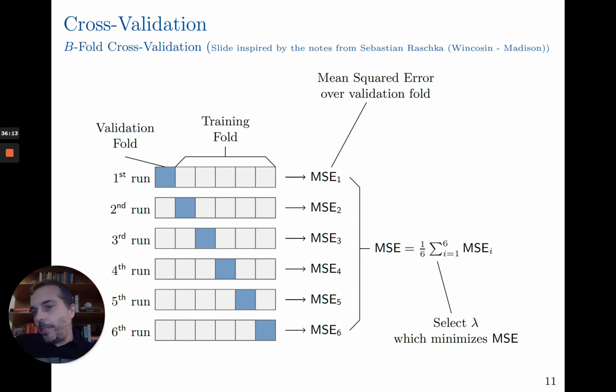So this can be intensive. It's becoming less and less expensive due to the computational power that we have today, but it's much more computationally expensive than using information criteria. Okay?